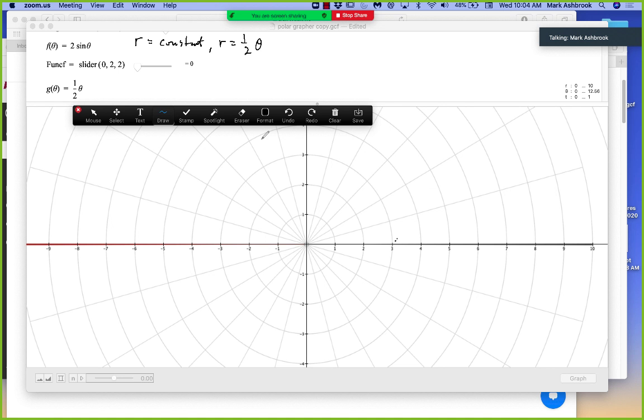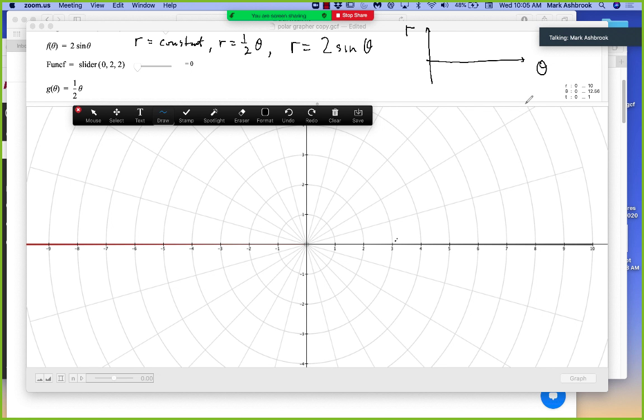Okay, here we go. So now we're going to do R equals 2 sine theta. And here's the technique for sketching these graphs. Yes, we're going to use the rate of change a little bit, but the main thing is we're going to first start by sketching R as a function of theta in rectangular coordinates. So R is our vertical axis, theta on the horizontal axis. And then we're going to use the Cartesian graph of R as a function of theta to sketch the polar graph.